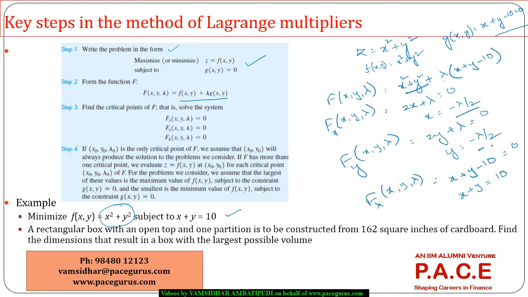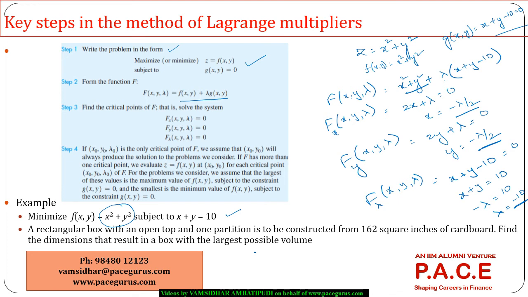Now x I know is minus lambda by 2, y also I know is minus lambda by 2. So minus lambda by 2, minus lambda by 2, minus lambda equal to 10, lambda equal to minus 10. So I am getting lambda equal to minus 10, subject to x plus y equal to 10.